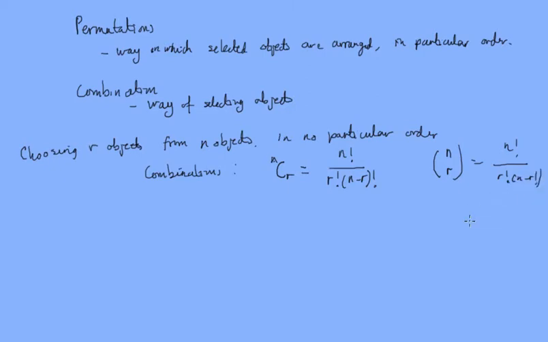Now let's have a look again at how this relates to permutations. Previously, the number of permutations for N objects, arranged in N different ways, is just N factorial.